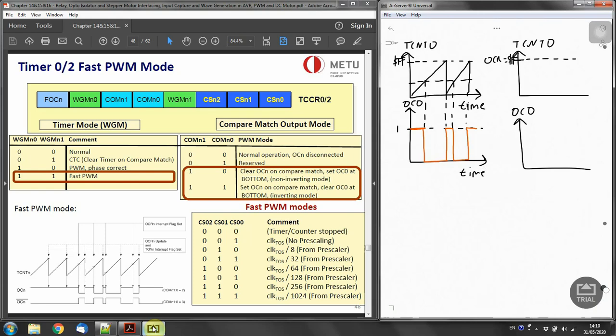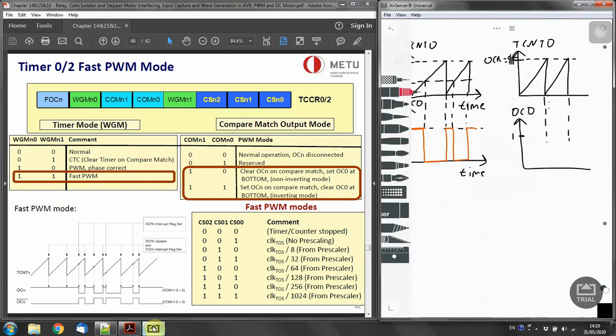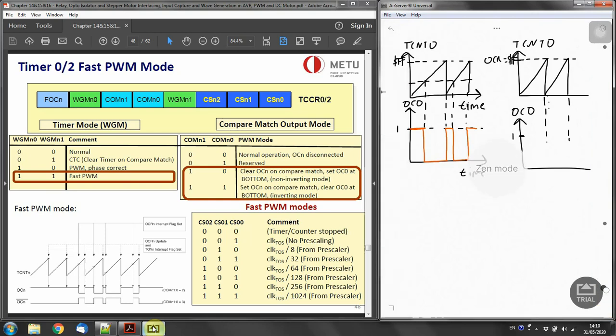It reaches there, goes down, reaches there, goes down. Whenever it reaches the top, we have got to set it. In this case, it's always going to be 1, because the duty cycle is set to FF, so it's going to be a straight line, so full power.